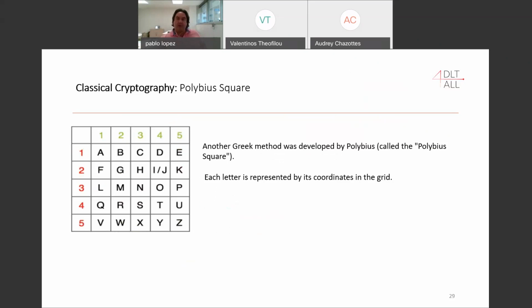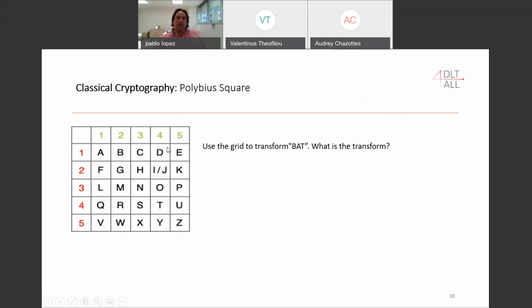Another Greek method was developed by Polybius, and we have the Polybius square. Each letter, A, B, C, D, E, F, G, H, I, is represented by coordinates 1, 2, 3, 4, 5. So the O is represented by crossing two numbers, the 3 and the 4. Use the grid to transform the word VAT into a sequence of numbers. Answer in the chat. How do we transform VAT using this Polybius square? It will be a sequence of numbers.